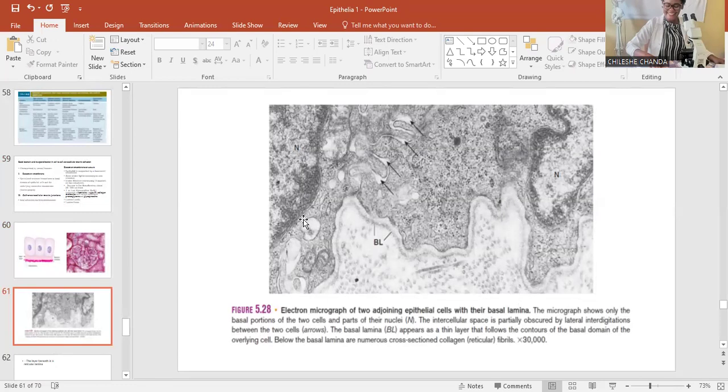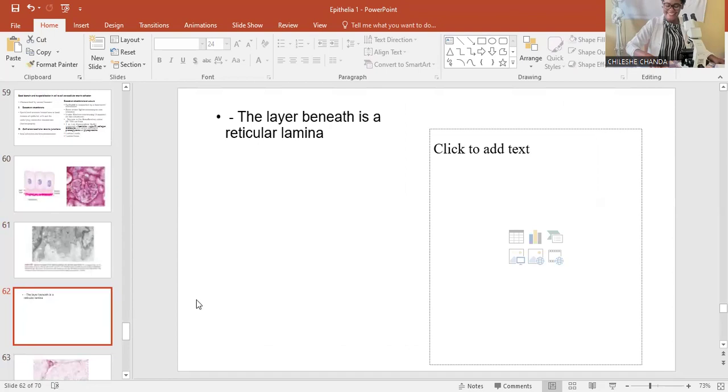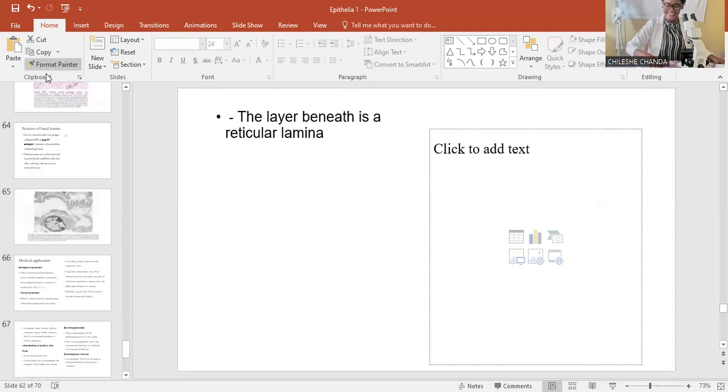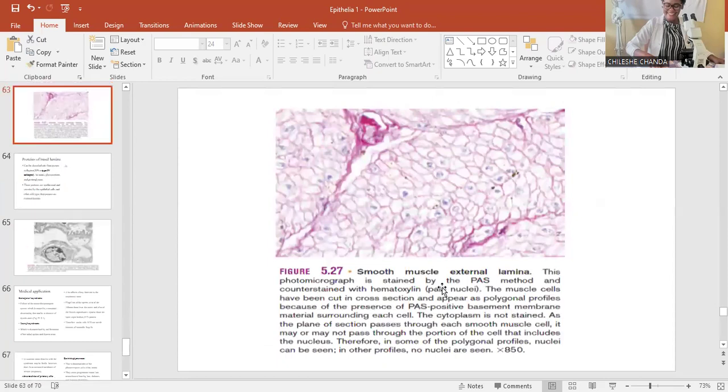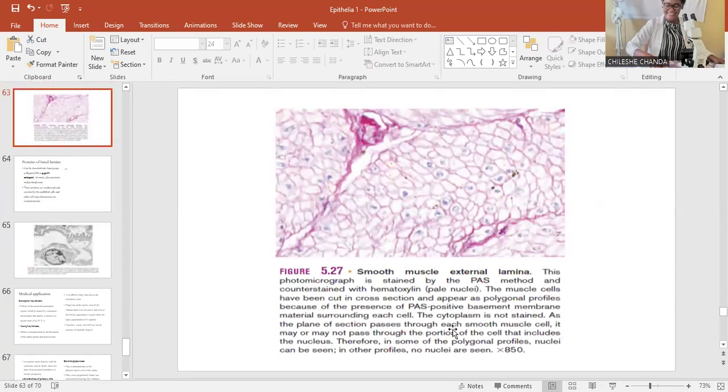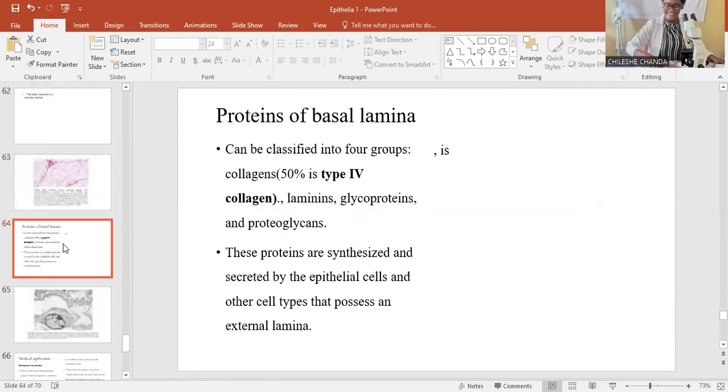So that is about the basement membrane. These are just special micrographs also that may show you more.